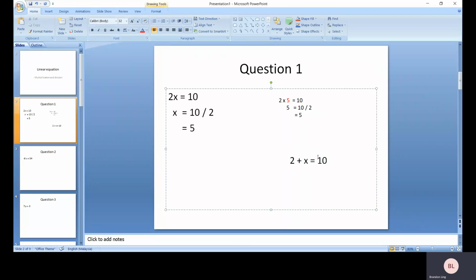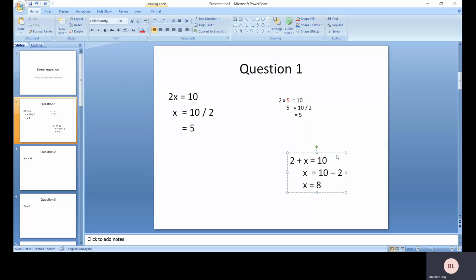So 2 plus x equals 10, and 2 multiplied with x equals 10. For the first one, if you need to move the 2 to the other side, you need to minus 2 instead, so you get x equals 8. But for the second, 2 is multiplied with x, so when you move 2 to the other side, you need to divide.